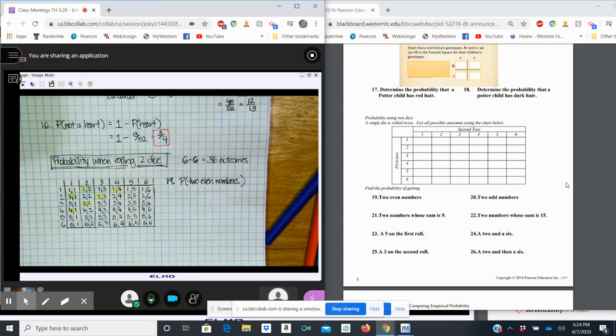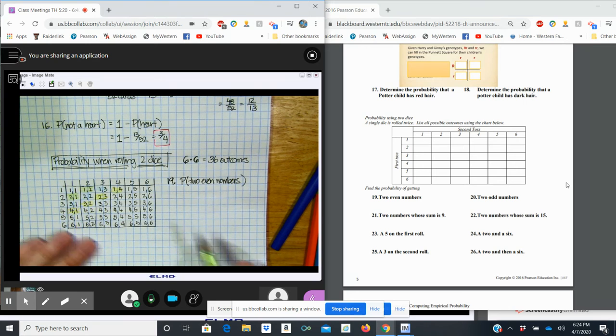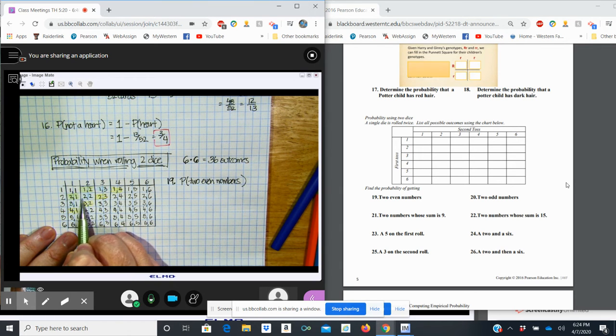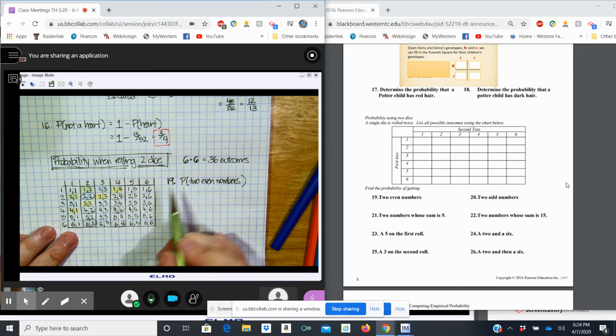That means I have to look through my data, all of these different outcomes, and circle all the ones where they're both even. So there's 1, 2, 3. They're not going to both be even here. 4, 5, 6.